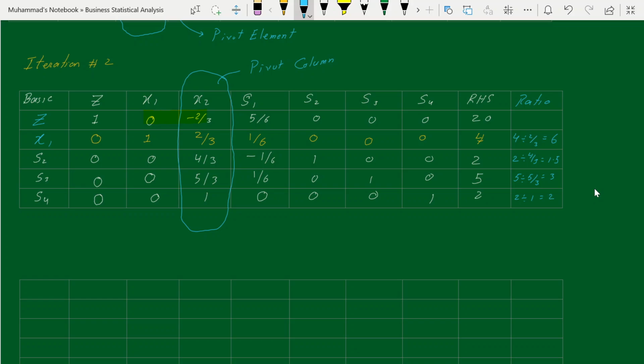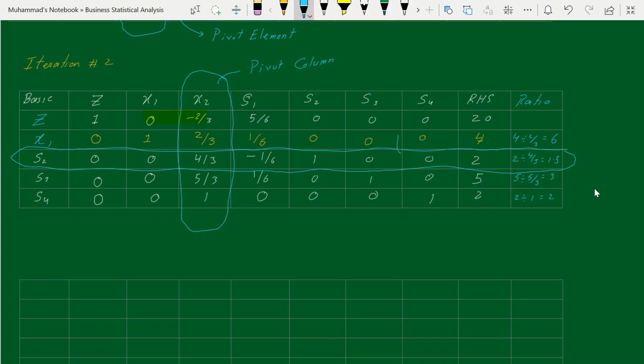So can you suggest the lowest ratio? Yes, this one. So the minimum ratio is for this, so we choose this row as the pivot row.